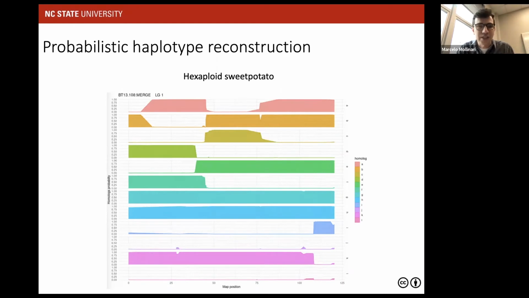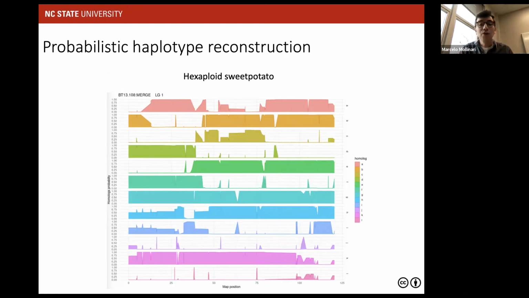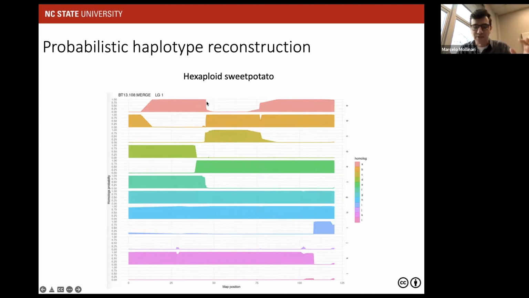And of course, if you use this, you deflate the map. Because if you use something like this to construct your map, it will count a lot of recombinations that are not true, right? And then you use the hidden Markov model, you deflate your map because you're counting just the true recombination fractions, okay? So this is the power of this multi-locus analysis.